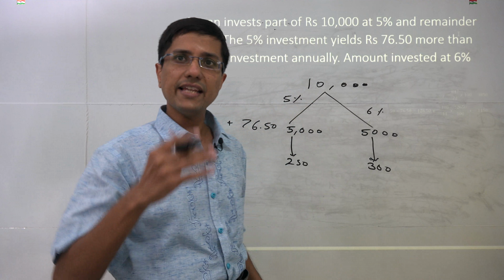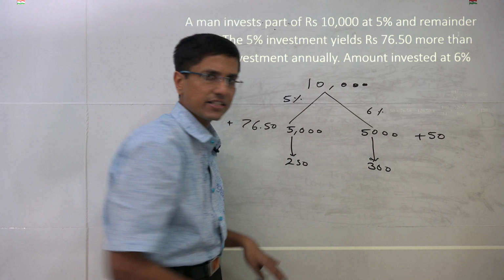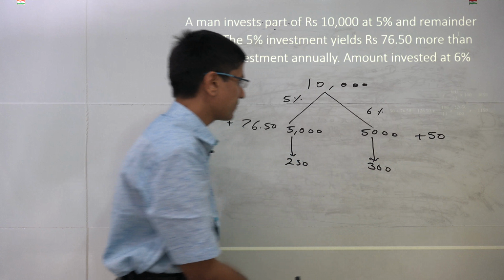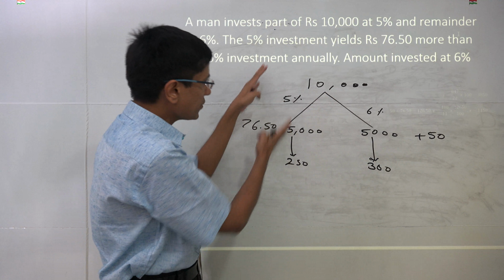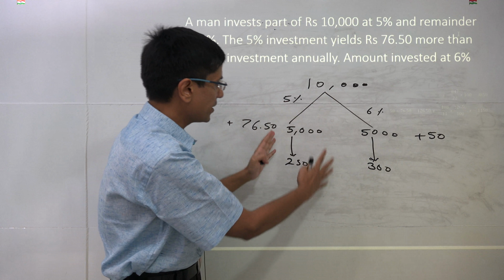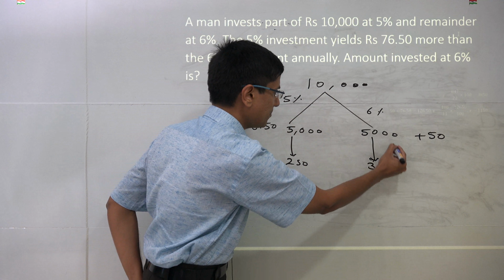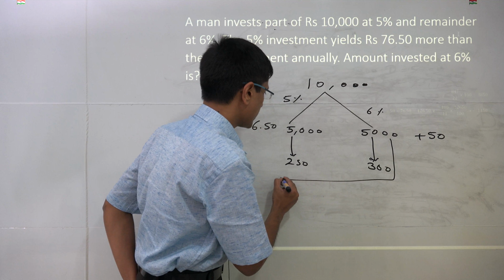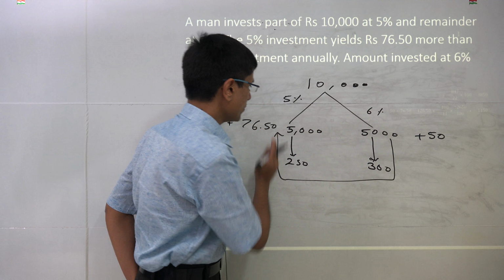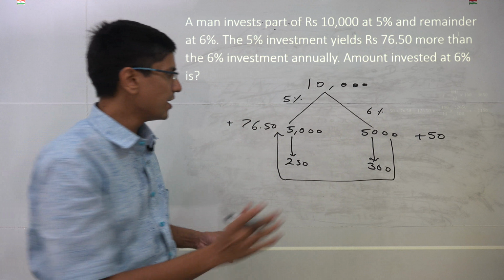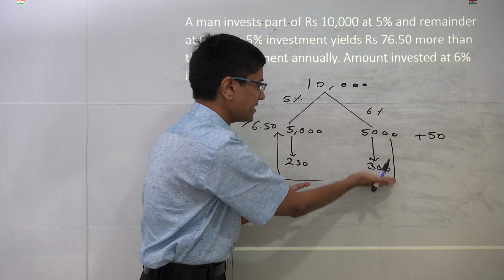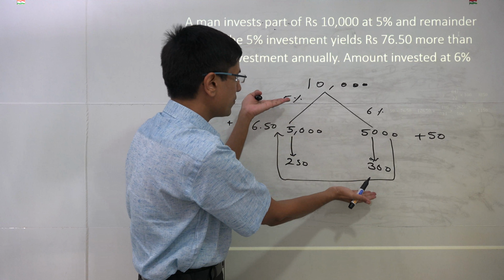To increase the interest on this side, the amounts are fairly balanced, but we have 50 rupees more here. To increase the interest on this side after 1 year, we have to transfer some money from this 5,000 at 6% to this side. As I decrease the quantity of money here and increase it here, the interest here would keep on increasing.